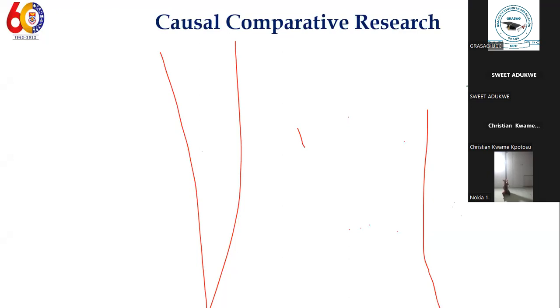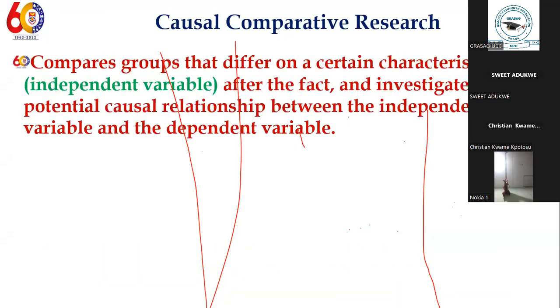And in causal comparative, there is no need for experiments. So in a causal comparative research, you compare groups that have different characteristics. And after you have established the facts, then you investigate the potential causal relationship between the variables.